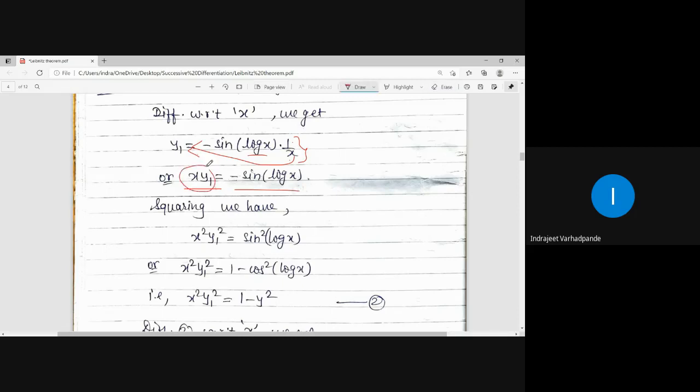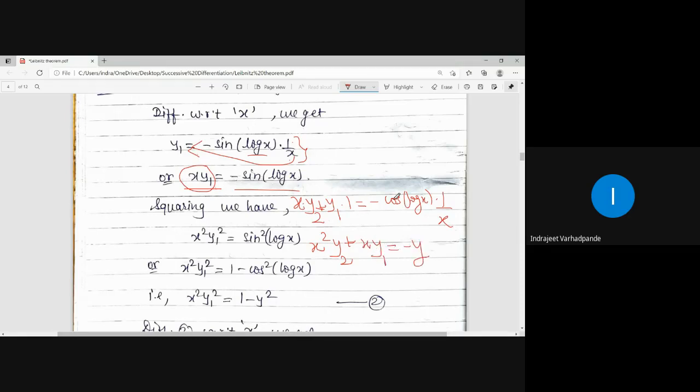What will be the product rule over here? First term as it is into the derivative of the second, plus second term as it is into the derivative of the first, is equal to minus, as the derivative of sine is cos of log x, into 1 by x. Clear? Cross multiply by x, so what do we get? x square y2 plus x y1 is equal to minus y.